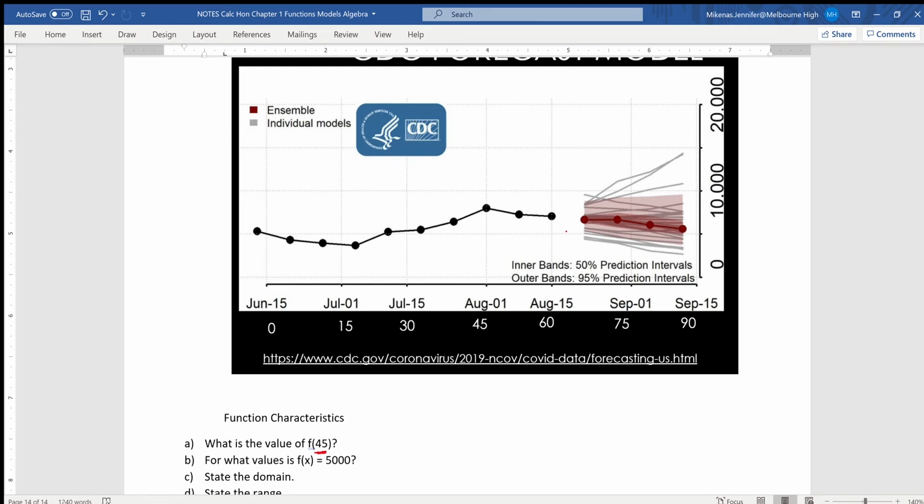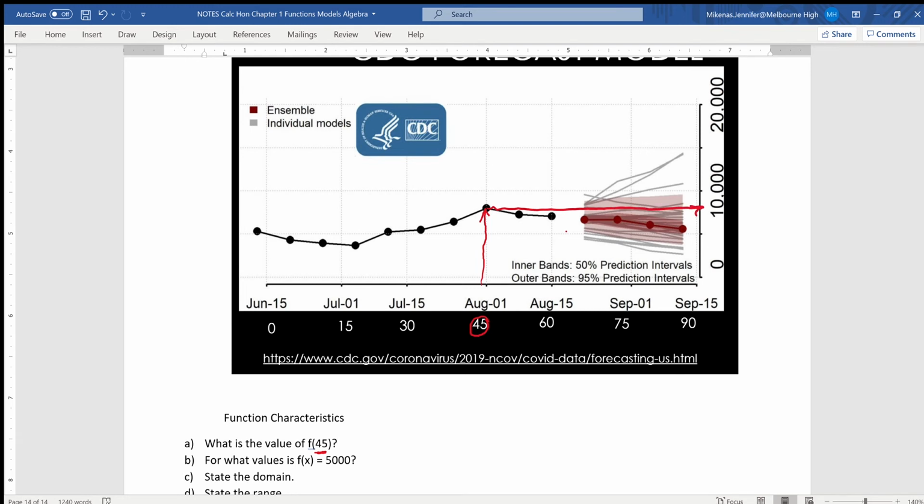So if we look along our x-axis, I've taken the dates and I've laid underneath those dates since June 15th. That way we have an x-axis that's much easier to work with. So we're looking for where x is 45, and so that would be right here. And we're going to follow this up, and we're going to follow this over.